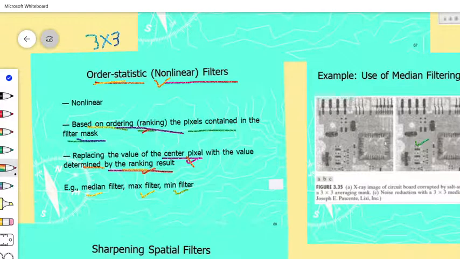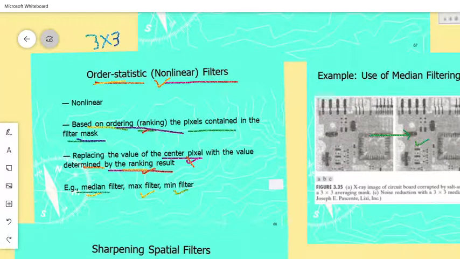And if we apply noise reduction with the median filter, then this is the resultant one. So the median filter is better.